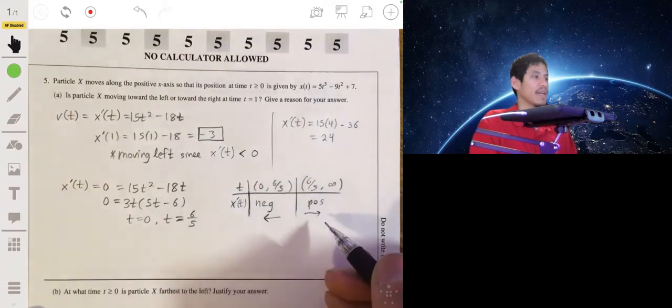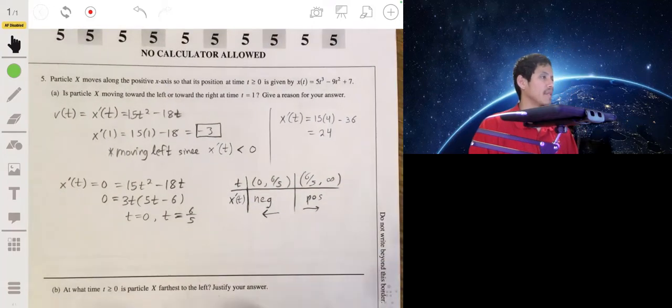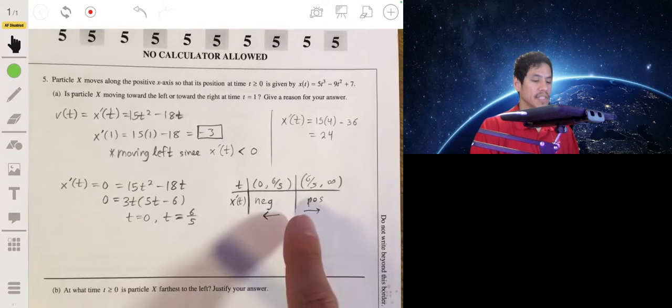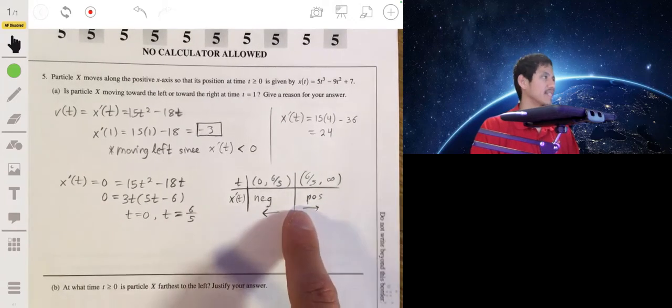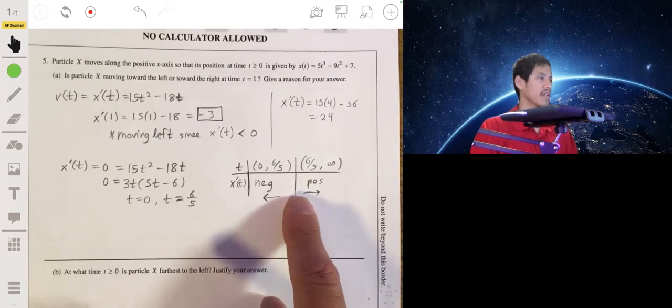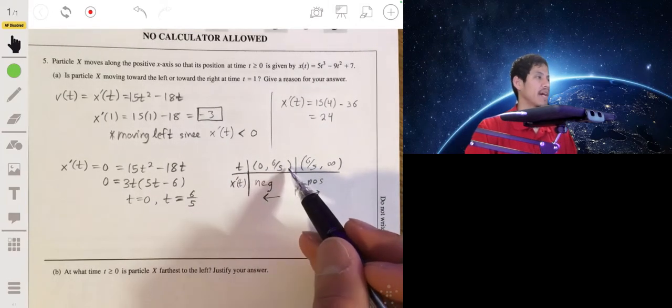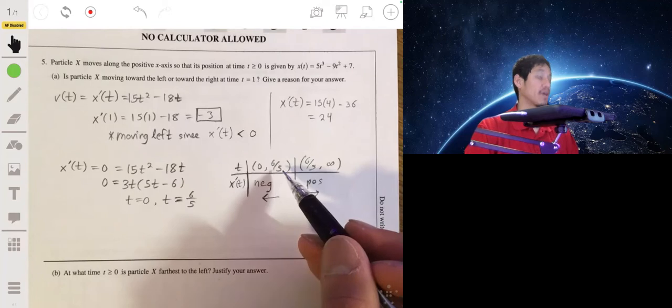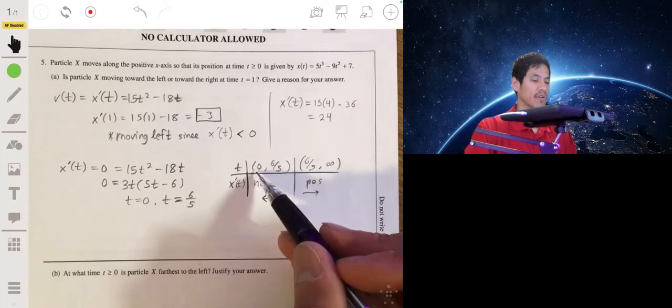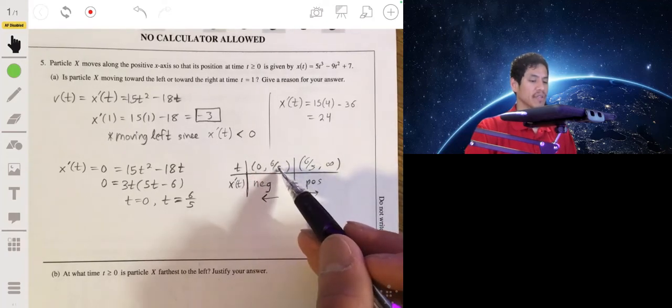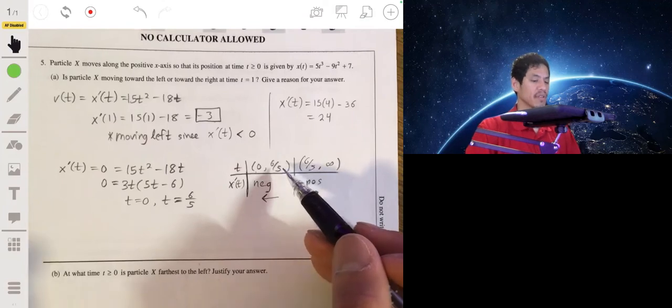So that means it's moving to the right. So that means that it's going to be the farthest to the left from where it started at 6/5, because that's when it has the most time to travel left. It's traveling to the left from 0 to 6/5, so obviously it's going to be farthest to the left at 6/5.